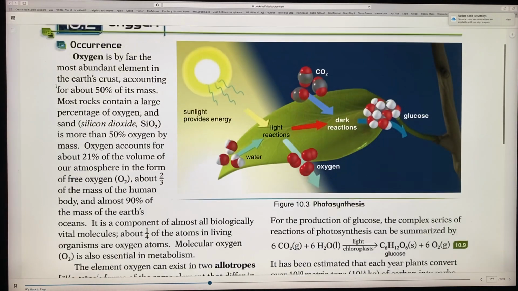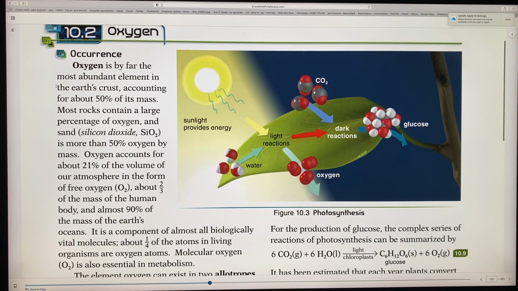Here is a picture of photosynthesis, and here is the equation, which you should kind of know. Basically, here we have a leaf of a plant taking in sunlight, with the light reactions going on, producing glucose from the sunlight and taking in carbon dioxide.